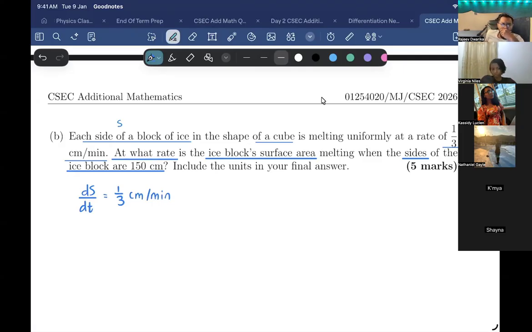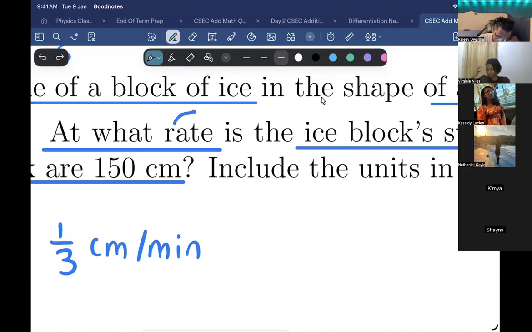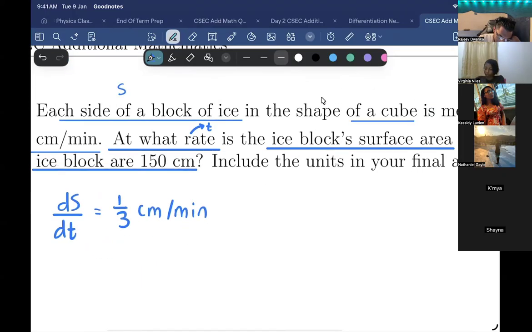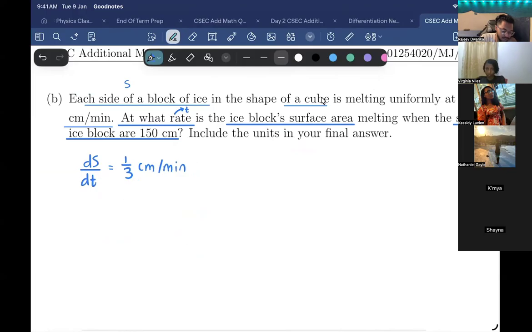They want to know surface area with respect to time still, because they say at what rate, and rate always implies time. So they want us to find the area, I'll just call that A. So dA over dt, that's what we need to find.